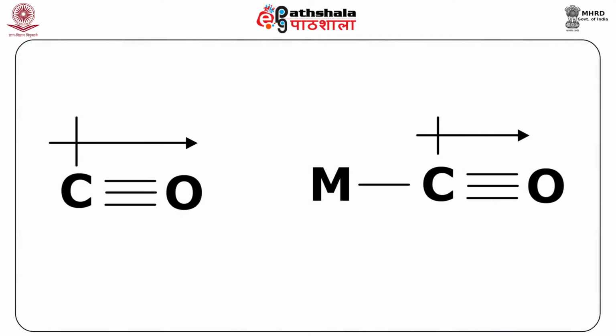For example, the electrons in the pi orbitals are concentrated nearer to the oxygen atom than to the carbon. The presence of a transition metal cation reduces the polarization in the CO bond by attracting the bonding electrons and thereby affecting the stretching of the carbonyl.